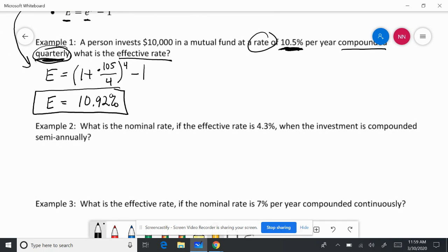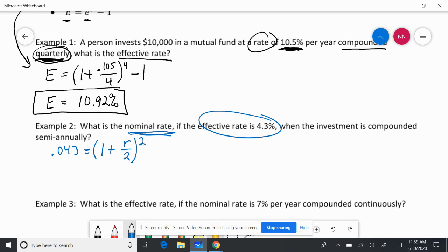Now, if we look at our second example, this time what we're doing is we're finding our nominal rate, and they tell us that the effective rate is 4.3%. So that means we're going to put 0.043, that's our effective rate, is equal to 1 plus, we're trying to find our nominal rate, and it's compounded semi-annually, so we're going to put a 2, and then we're going to raise it to the 2.